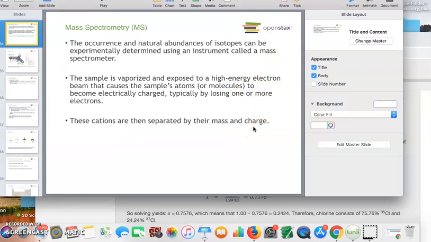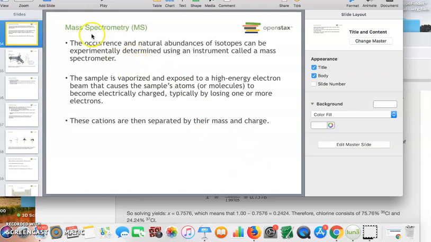I've had experience using these before in grad school. They're very handy. I used it to double check my work when I did site-directed mutagenesis to confirm some mutations in a protein. In chemistry, though, we can use it to determine the number of isotopes and their masses for an element. And that's very important to be able to do.